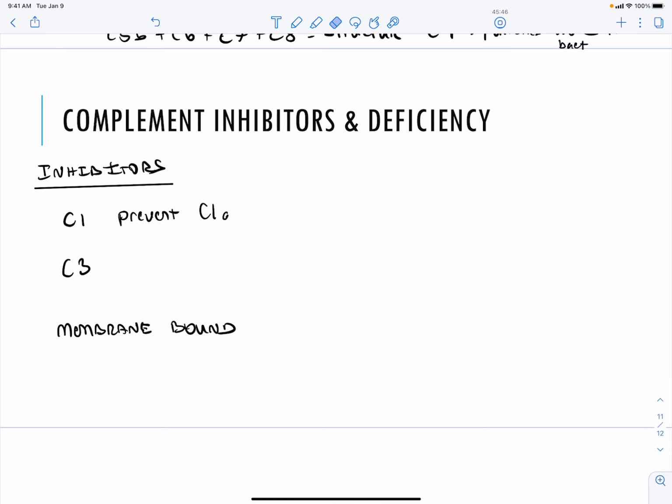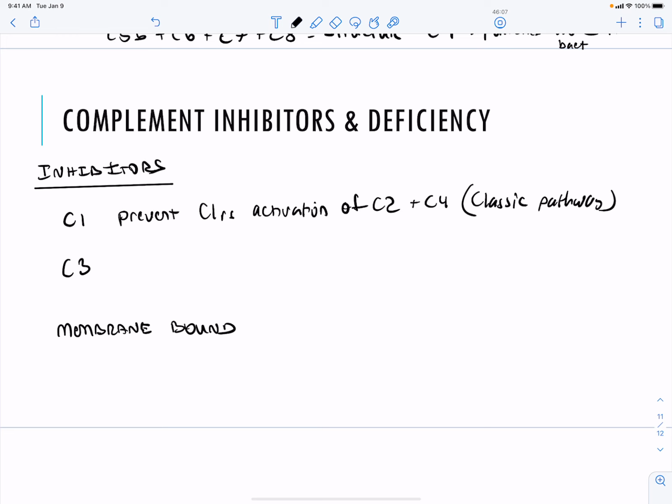Well, we should put C1q binds to the antibody, so it's really C1rs activation of C2 and C4. So this is the classic pathway. No other pathway uses C1.